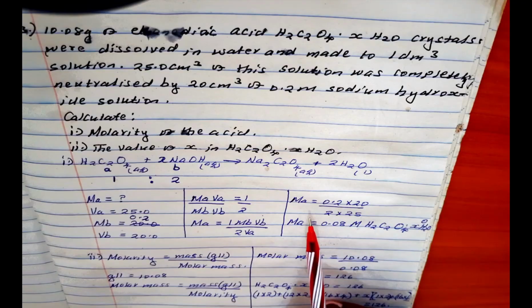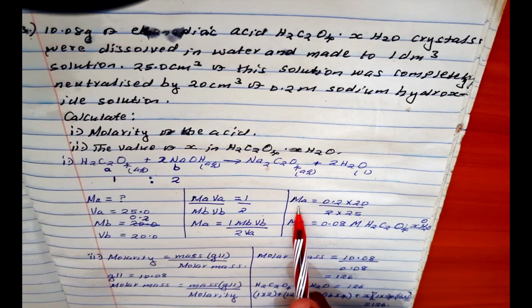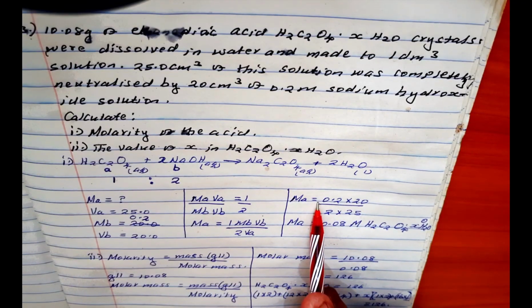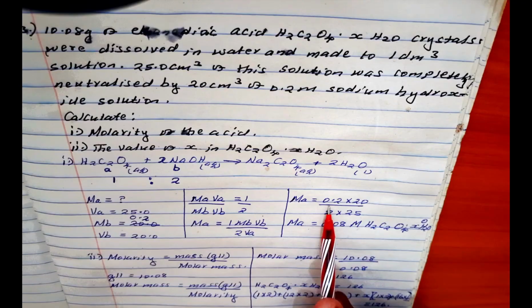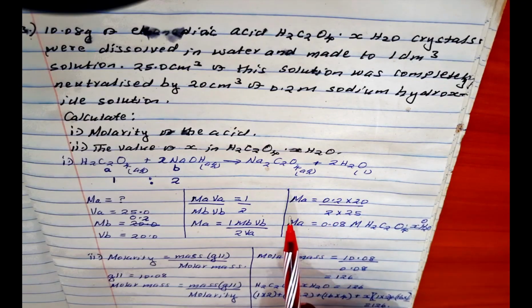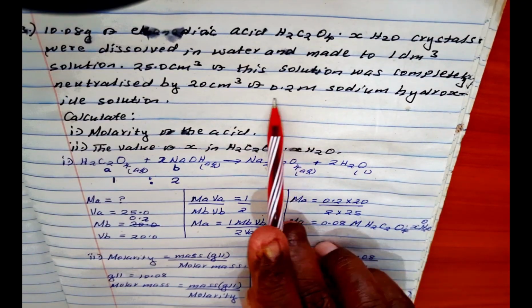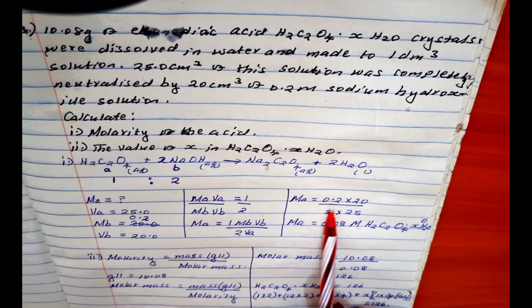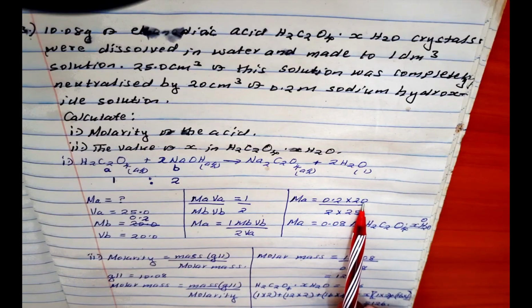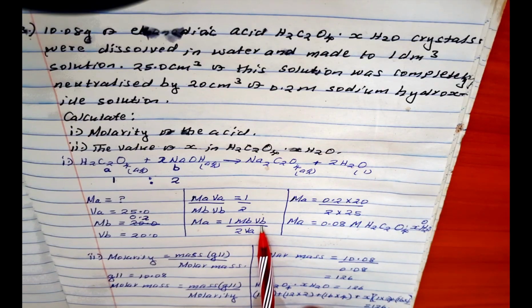Good. So how do you get the molarity of the acid now? Molarity of the acid is equal to 1 times molarity of the base. What's the molarity of the base? 0.2. So this is 0.2 times 20. What is 20? Volume of the base.